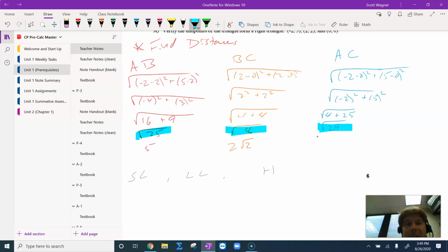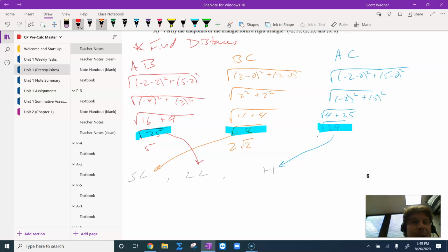That makes it a little bit easier now. We can see the hypotenuse is the square root of 29. The short leg is the square root of 8, and the long leg is the square root of 25. That makes it easier to figure out which one is big, which one's short, which one's medium.